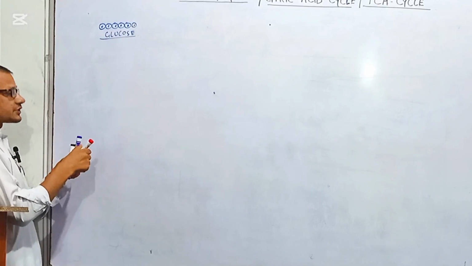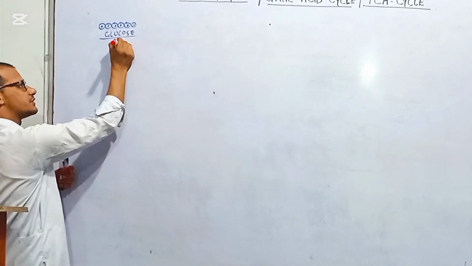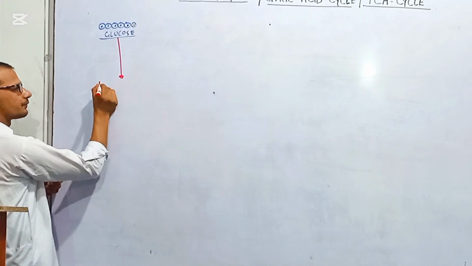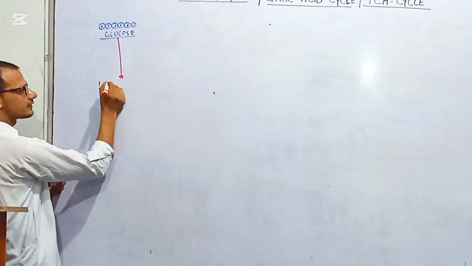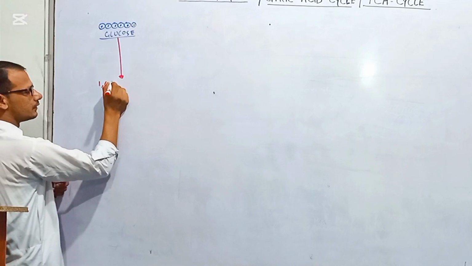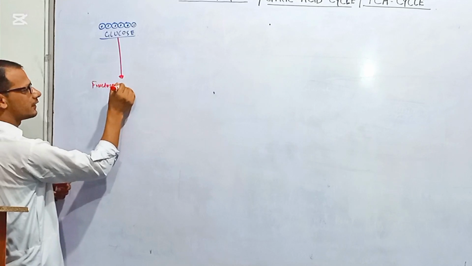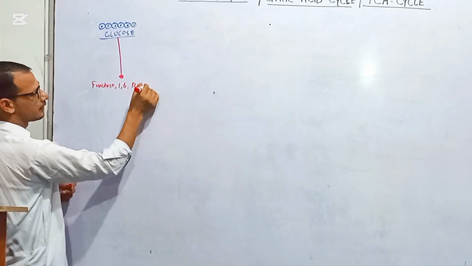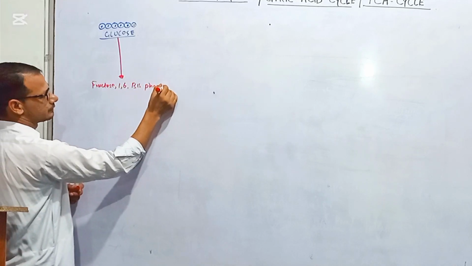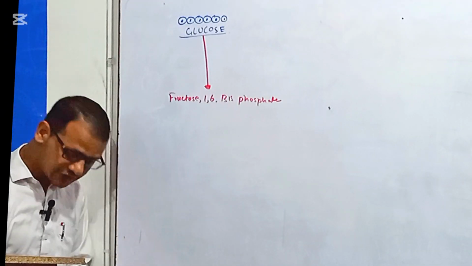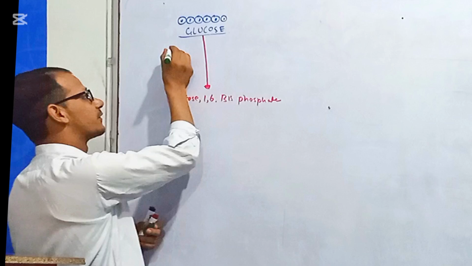In the energy consuming phase, it will convert into fructose 1,6 bisphosphate, right? And here how much energy is used? 2 ATPs.